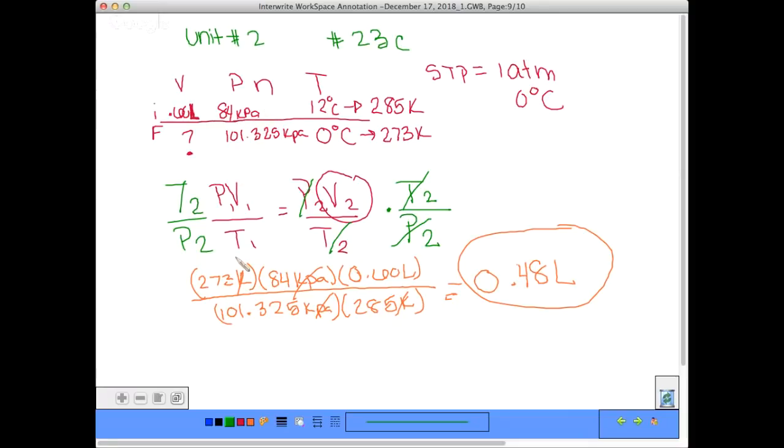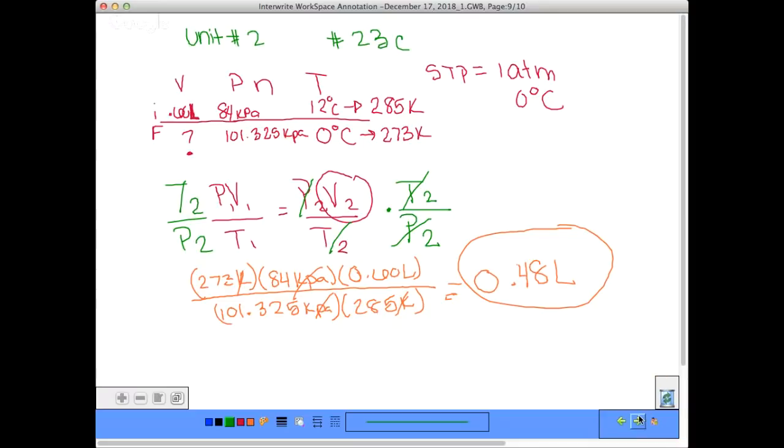It does not matter if you could have converted this into atmospheres. I decided not to. I just kept them both at kPa, but you could have done either or. So you just want to make sure that your units before and your units after match, or that your units cancel out, but they could be whatever they need to be. You could have had milliliters instead of liters. It really doesn't matter, as long as your units are the same.